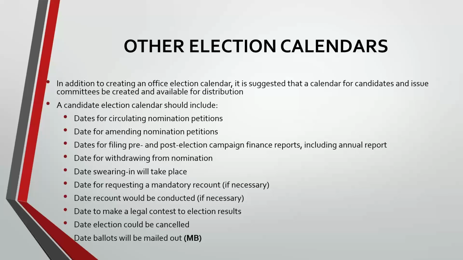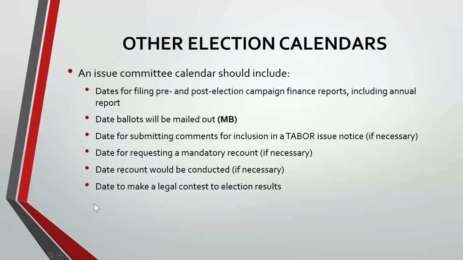And then the next slide, which is the last slide, is for issue committees. In other words, if something is on your ballot, in addition to the election of officers in April, and you've got an issue committee created to either support or oppose whatever is on your ballot, these are the kinds of things that you can give to them so that, again, they have the information that they need.